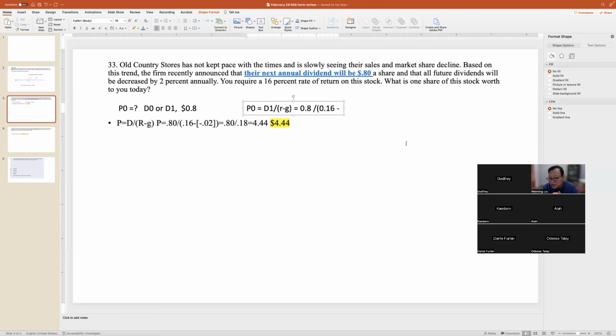Well, in this question it's interesting because there's no growth. All future dividends will decrease, so it's the opposite direction. The dividend will decrease by 2% annually, so decrease means a negative 0.02.